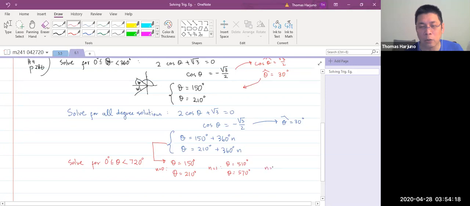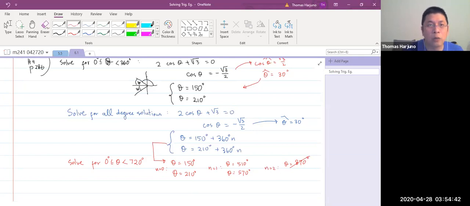When n equals 2, I get theta equals 720, 870 degrees. But it's more than 720, so you cross it out. You see what I mean?